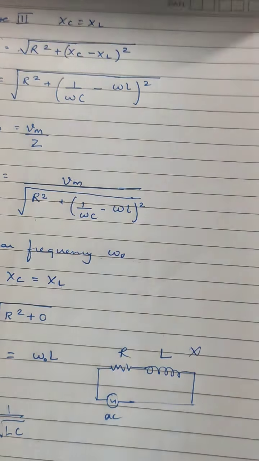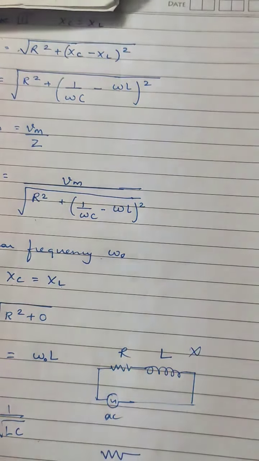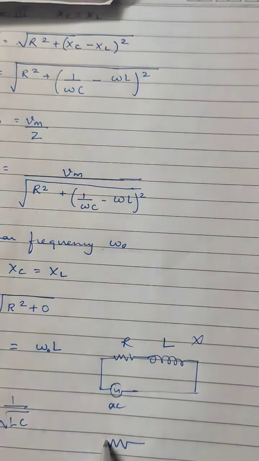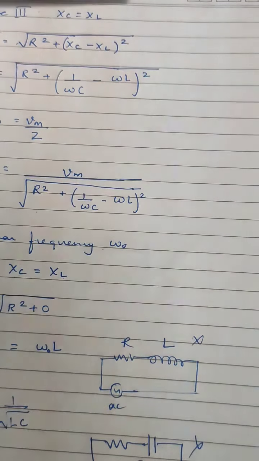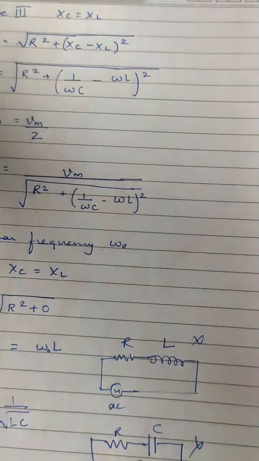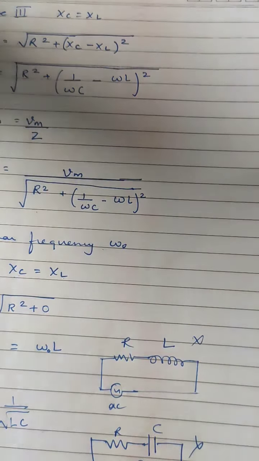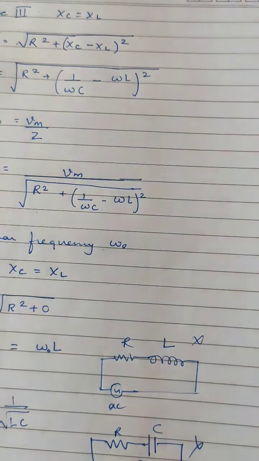Also, if you have a resistor and a capacitor connected to an AC source, the resonant condition is not observed in the RC circuit. Only if there is a resistor, inductor and capacitor does this happen. For RL and RC circuits this does not occur, and we are not going to study these two types of circuits in this portion.